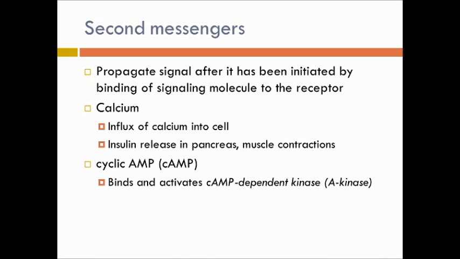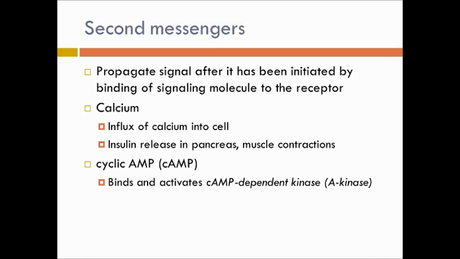Second messengers will propagate a signal after it has been initiated by binding of a signaling molecule or a ligand to the receptor. So this will help to amplify whatever signal is being made by the ligand. Two good examples of second messengers are calcium and cyclic AMP or cAMP.